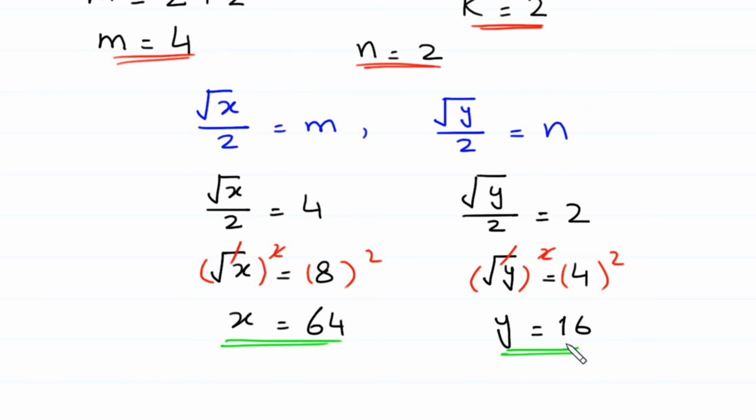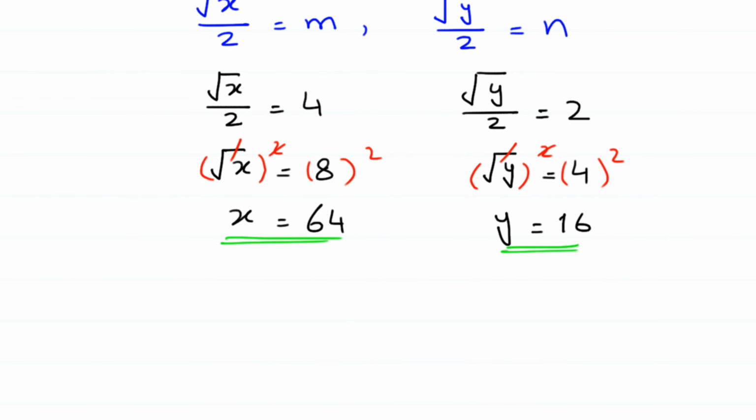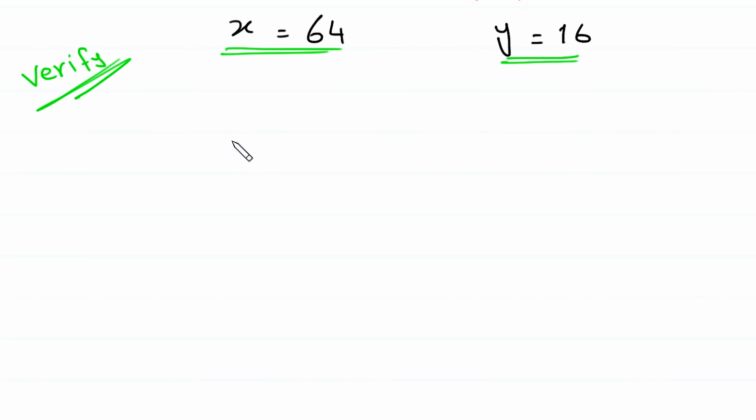Now to verify these values of x and y, we put these values in the original equation. The original equation is square root of 5 to the power square root of x minus square root of 5 to the power square root of y is equal to 600. In this equation, we put the value of x 64 and the value of y 16.